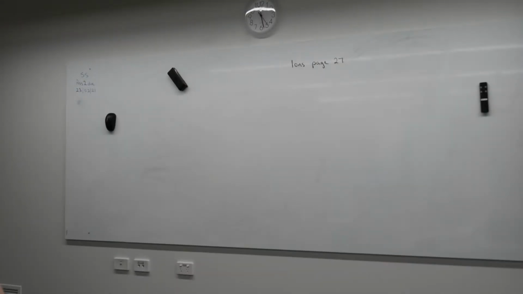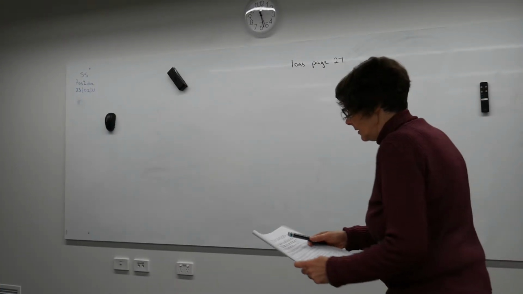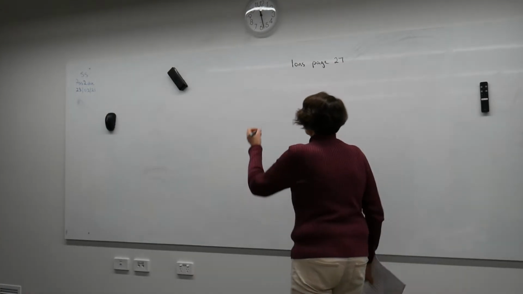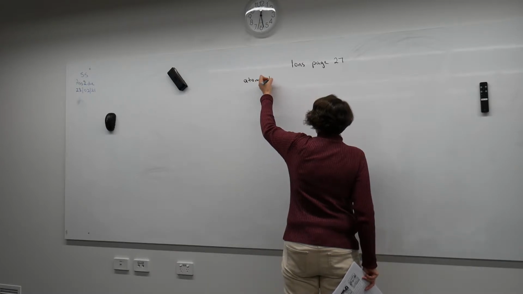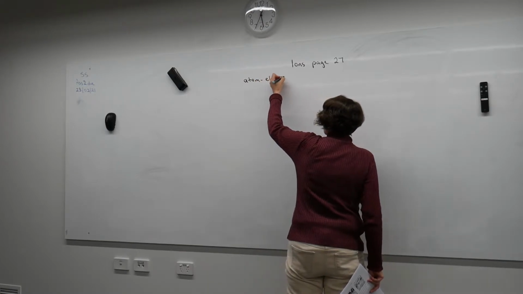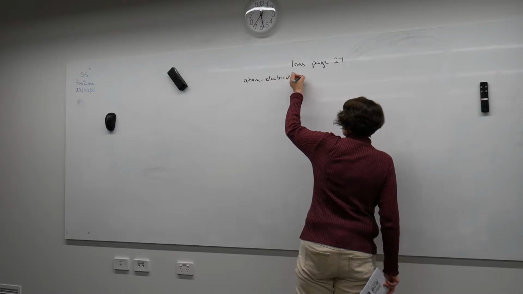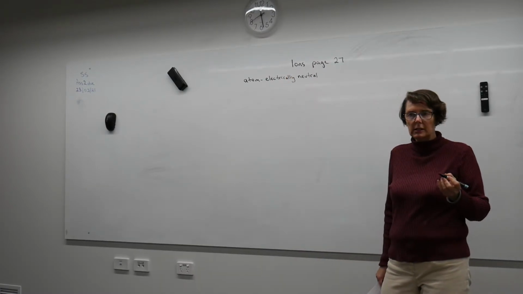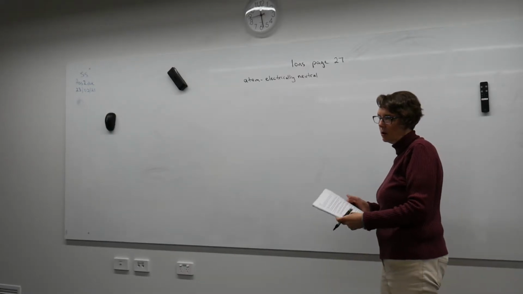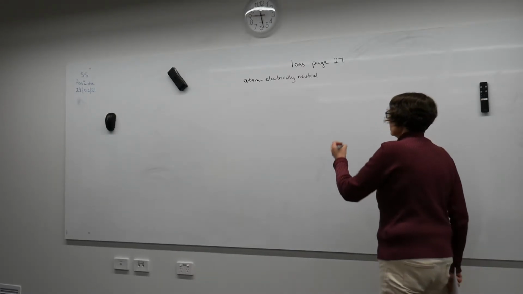Right, so let's talk about ions. We know that an atom is electrically neutral. And we know that what that means is that we have the same number of protons and electrons.